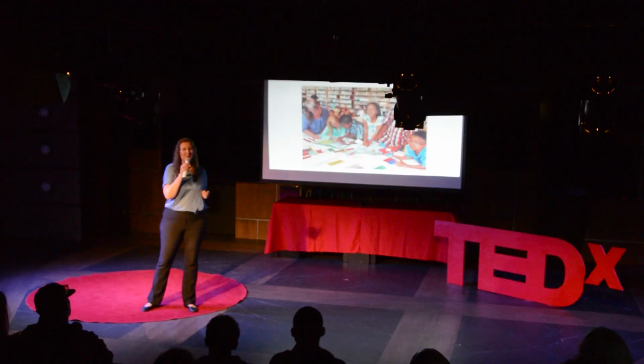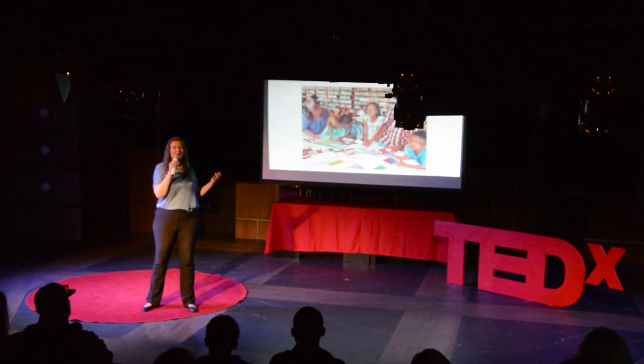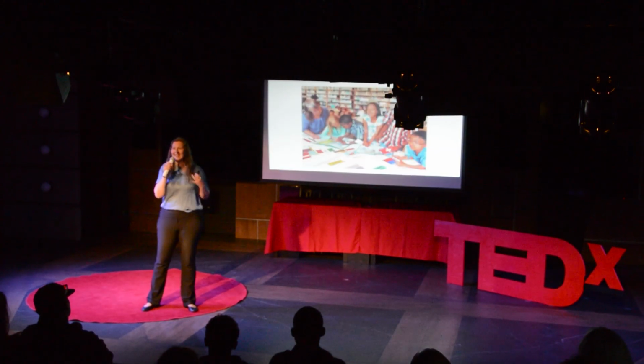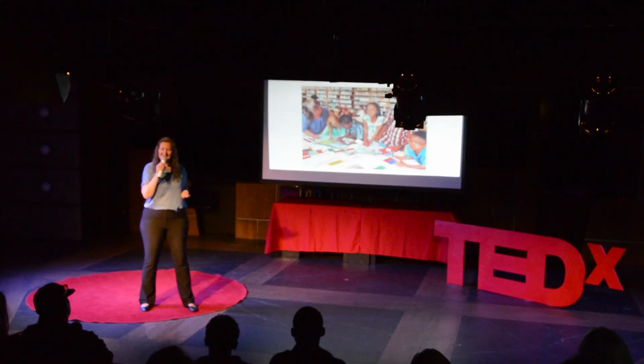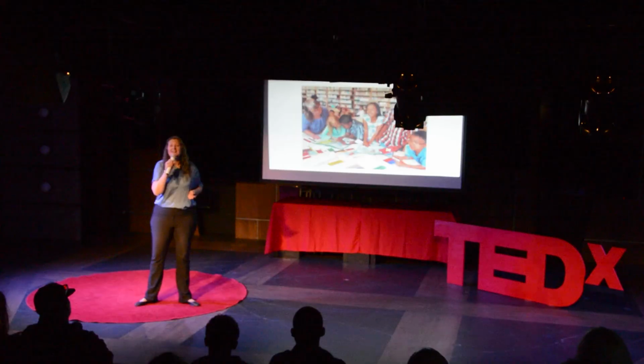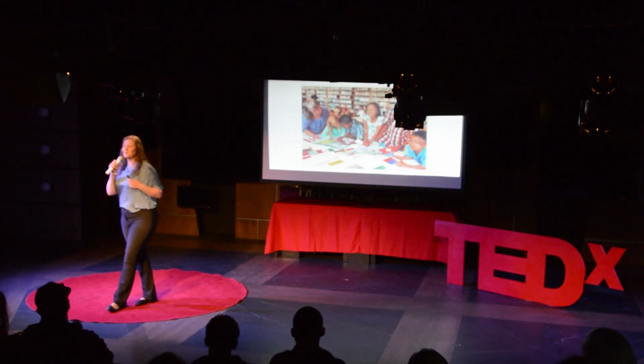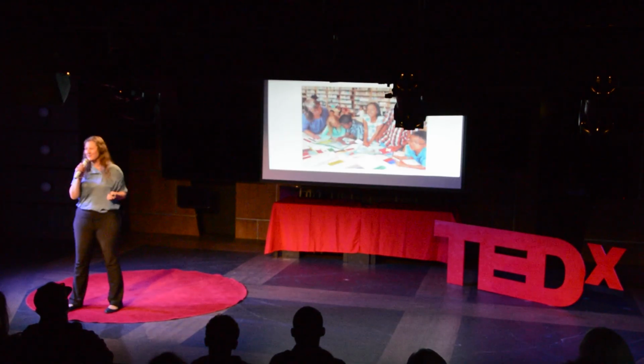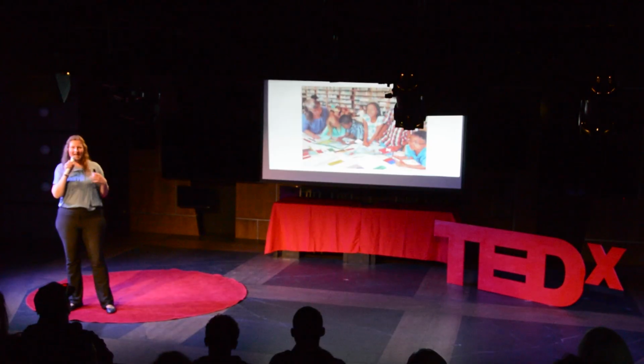We can transform our classrooms into places that are more unique, inspiring, and engaging for all learners. I'm going to share an idea with you tonight that has the power to revolutionize the way we do school. An idea that highlights choice and agency.